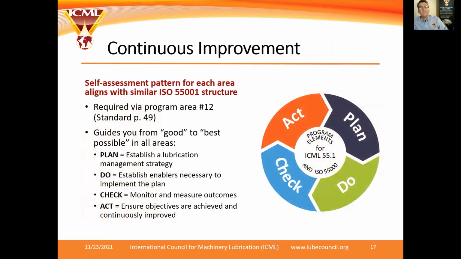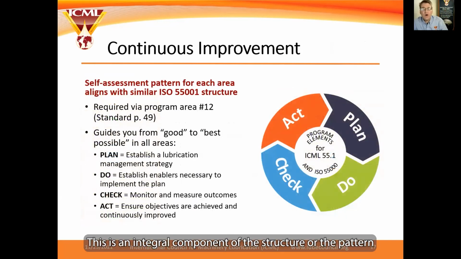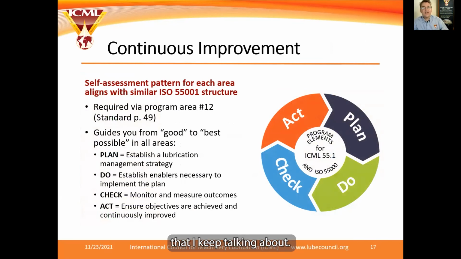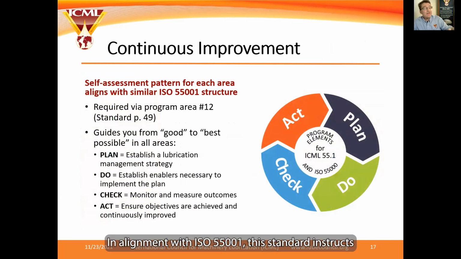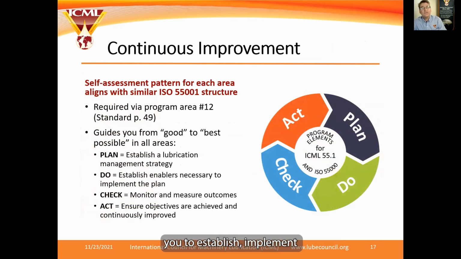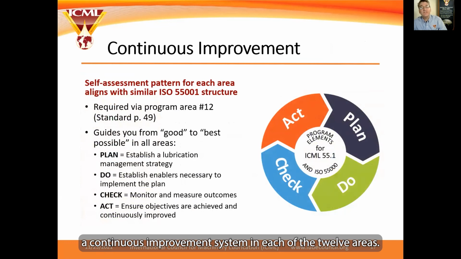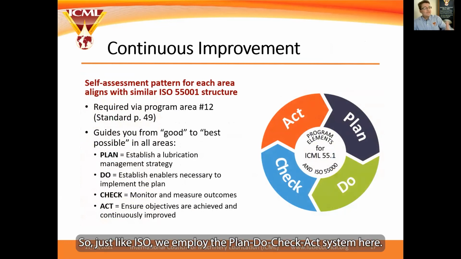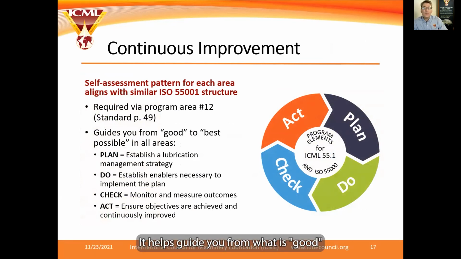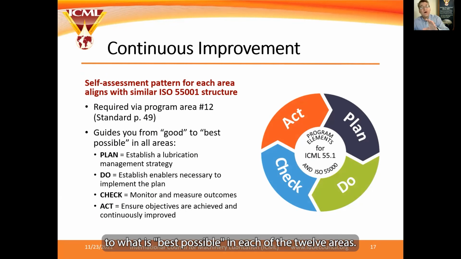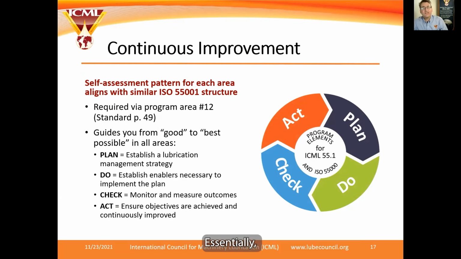And here it is. This is an integral component of the structure or the pattern that I keep talking about. In alignment with 55.1, this standard instructs you to establish, implement, and maintain a continuous improvement system in each of the 12 areas. So just like ISO, we employ the Plan, Do, Check, Act system here. It helps guide you from what is good to what is best possible in each of the 12 areas.